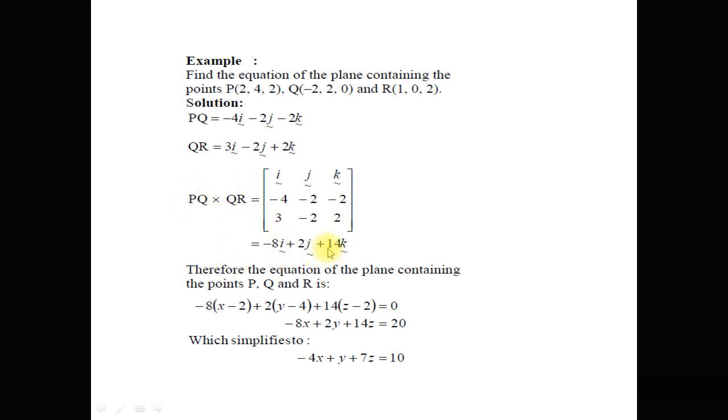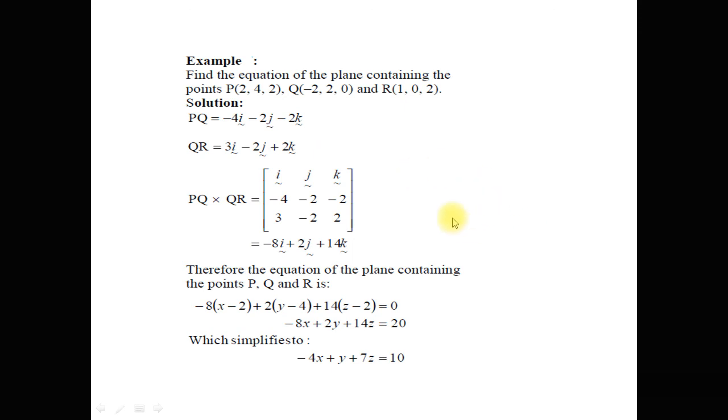This is the normal vector, and we can choose any point from these 3 points as an initial point P naught. These are the normal vector components, A value minus 8, B value 2, and C value 14. So for the equation of plane, we need one point on the plane and one normal vector to the plane.